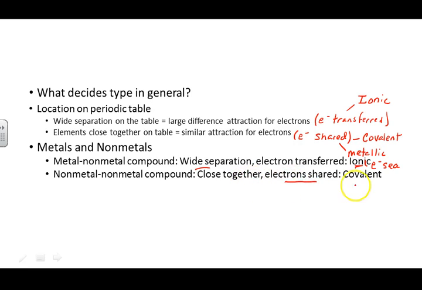The electrons are shared, and we end up with covalent bonds. If, on the other hand, we have two metals in combination, they're also close together on the periodic table, and we would call that metallic bonding. The sharing is still there, but it's in a different way. It is not what we would typically think of as being a covalent bond.